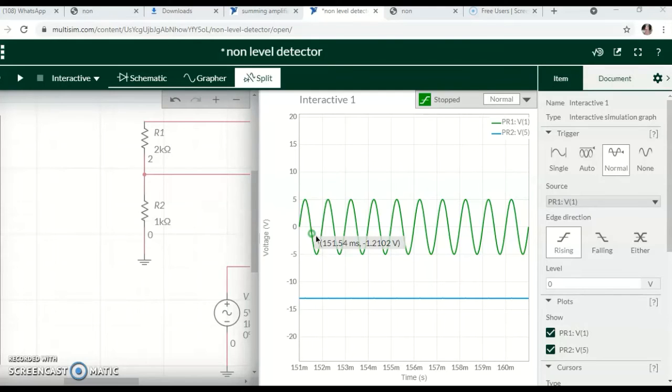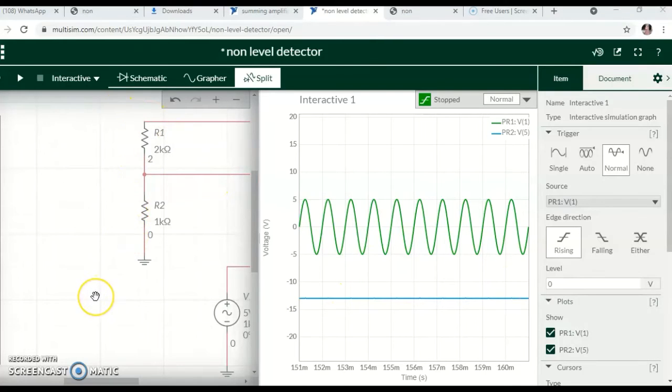So the value is acceptable in the graph because Vref is not lower than Vin. That's why we get Vout remaining at the positive maximum.